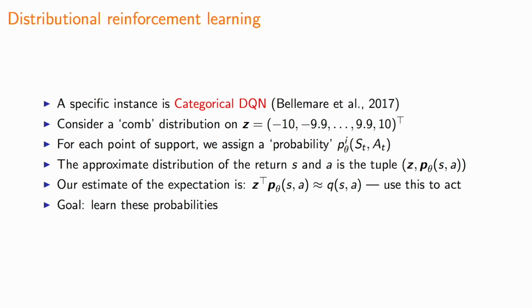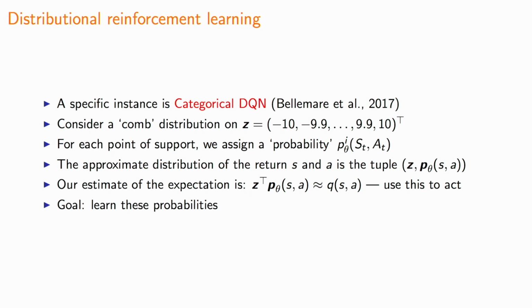And then basically the semantics of what we're trying to predict is, for each of these points, how likely is the return to be equal to that point? Of course, it's never going to be exactly equal to that point, and that's fine. So one way to interpret this is that we'll try to map the distribution on this comb to be as close as possible to the full distribution, which might be more continuous between these different values.